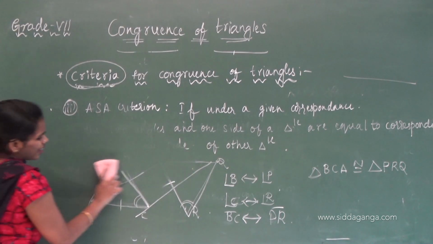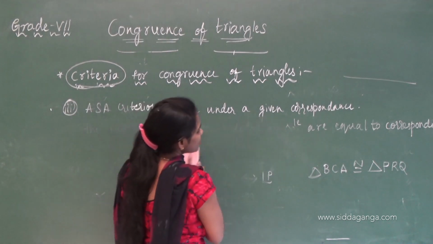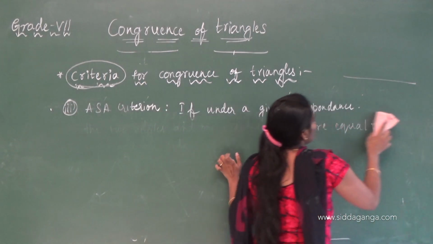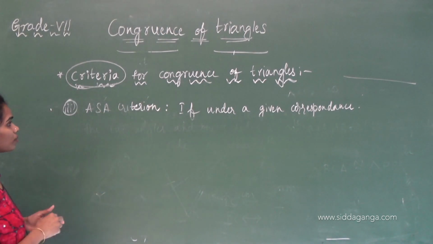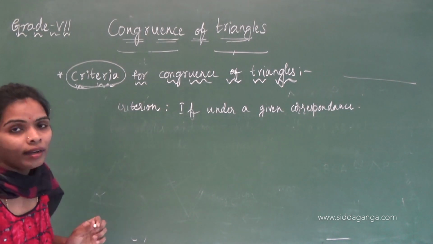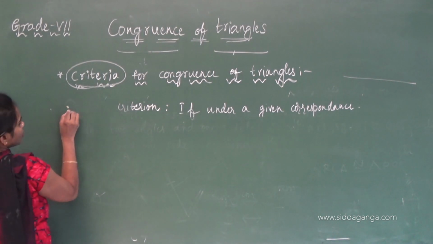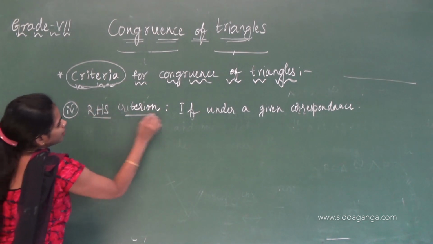Next, RHS criteria. What is RHS criteria? RHS means right angle, hypotenuse and side.